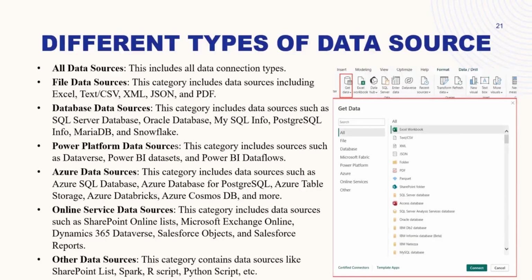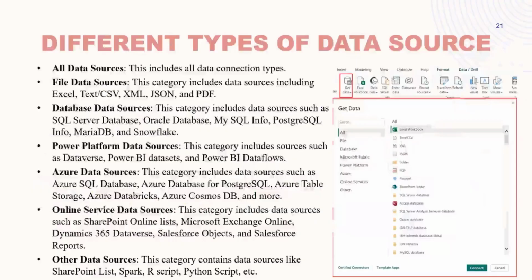In Power BI Desktop, we can connect to many data sources by clicking on the Get Data option. Here you can see the Get Data option in the ribbon of Power BI Desktop, from where we can connect to the data sources. The data sources are categorized as follows: all data sources, which includes all the data connection types; and the file data sources, a category that includes Excel, text, CSV, XML, JSON, and PDF.